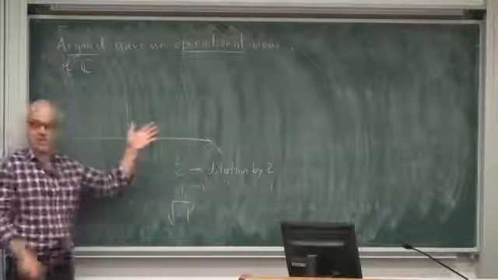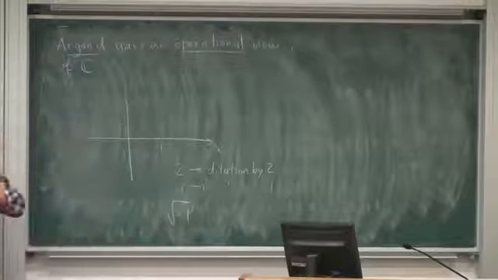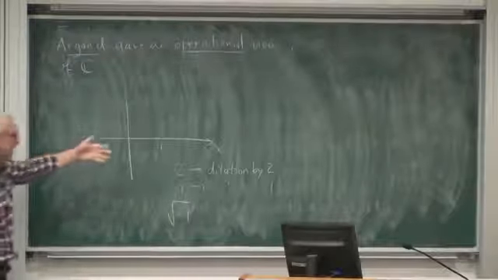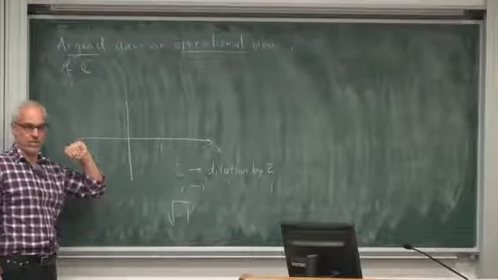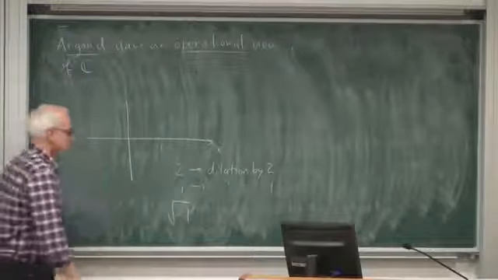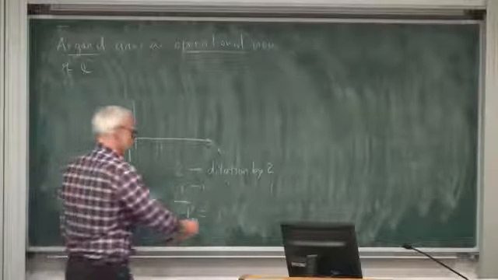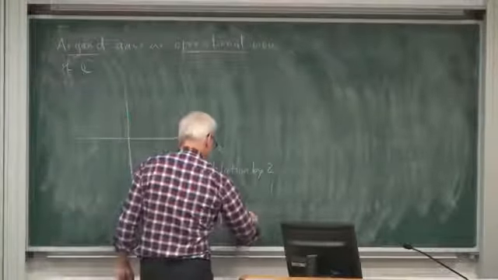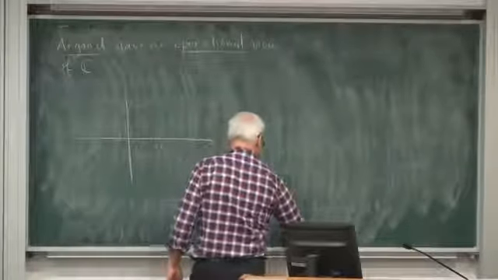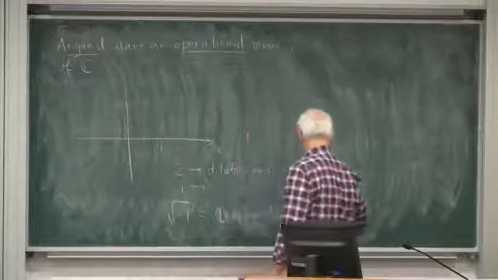But in 2 dimensions, it's possible to find the square root of the reflection. The square root is a quarter turn. So the square root of minus 1 could be represented by a quarter turn. So turn by 90 degrees.